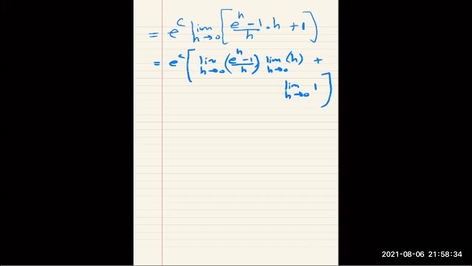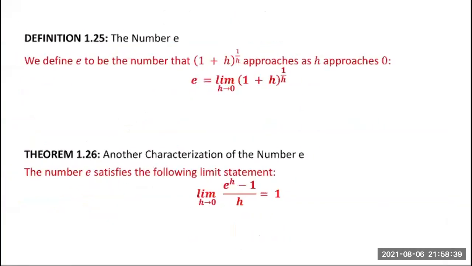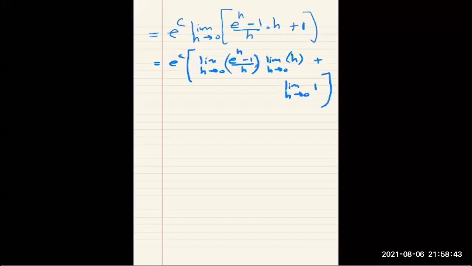Okay, but notice that this limit is 1 by this theorem. And this limit is 0. Limit as h approaches 0 of h is 0. So this whole thing is 0. This limit is 1. So you get e to the power c, okay, as needed.